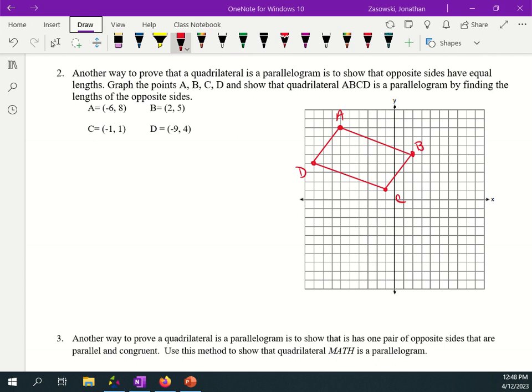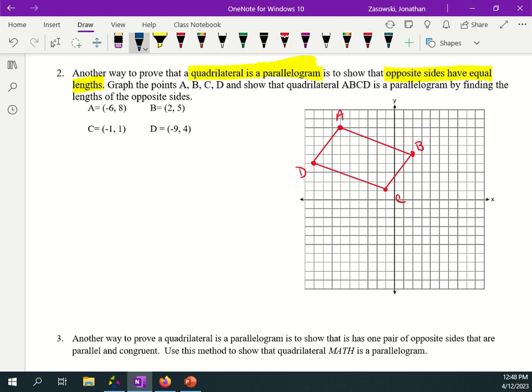Now, for this question, we are going to show that this is a parallelogram, and we're going to use opposite sides equal in length. In order for the lengths to be equal, what do we really need to know about these sides? What do we actually have to calculate?